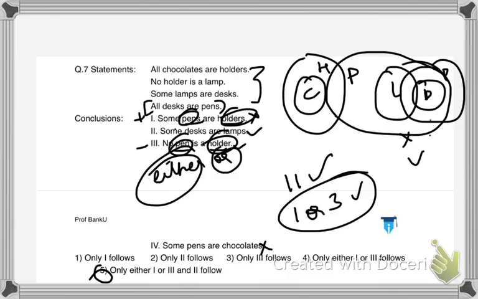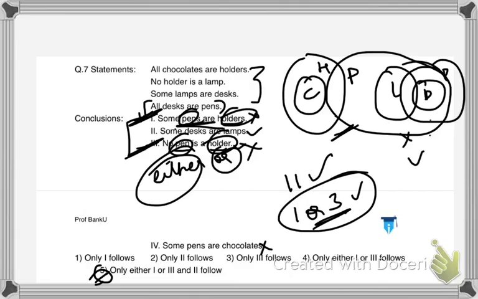Now in this case, all desks are pens is true, and in doing so our statement that some pens are holders has become true, but the other one has become false. So what does 1 and 3 mean? Either this relation will exist or that one, and no other relation can exist between them. That's why we have made a standard answer: whenever the objects are the same and one statement is positive and one is negative, always mark the either or option.